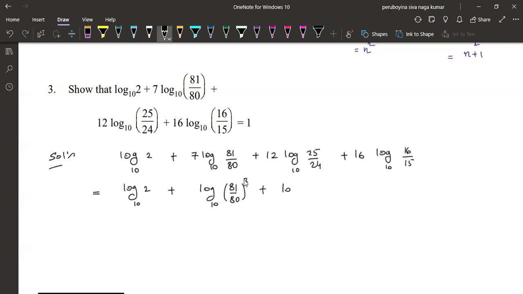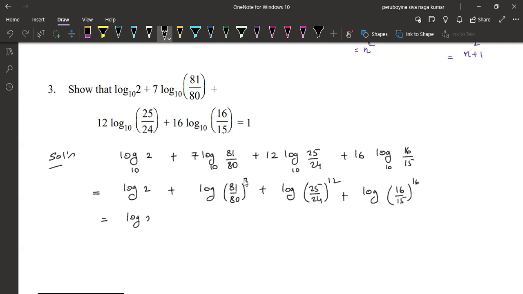There is no need of writing logarithm base 10 every time. Plus log 16 by 15 whole power 16.